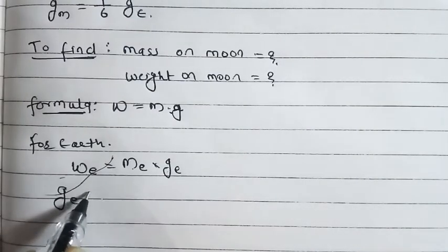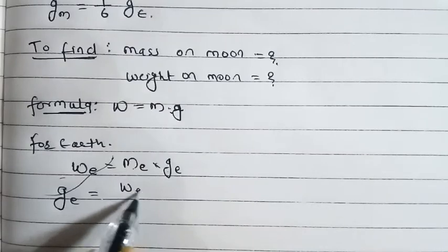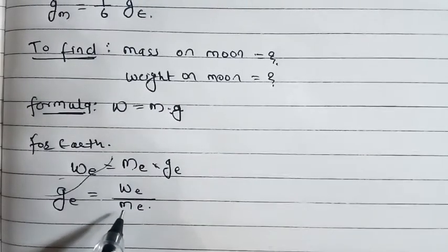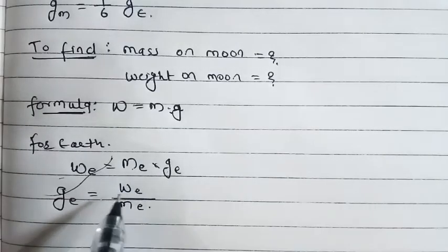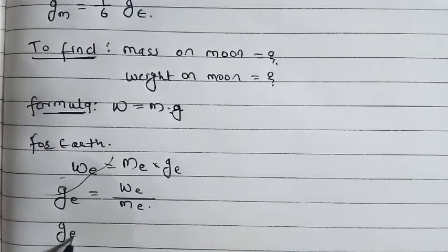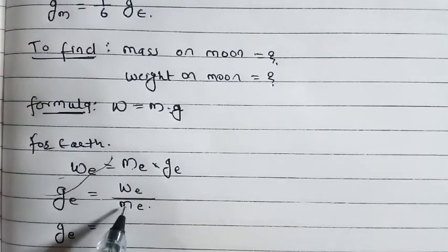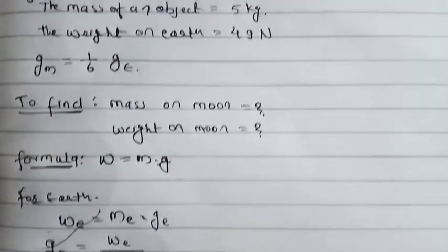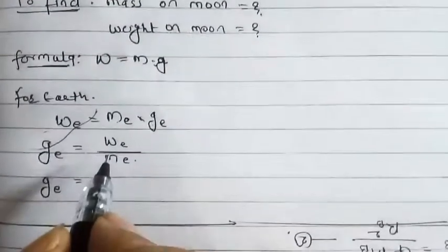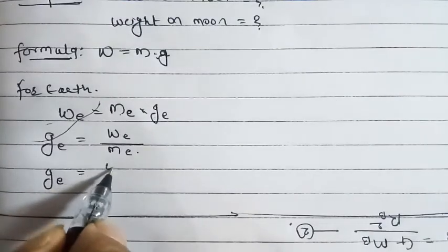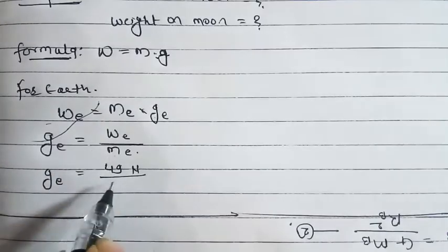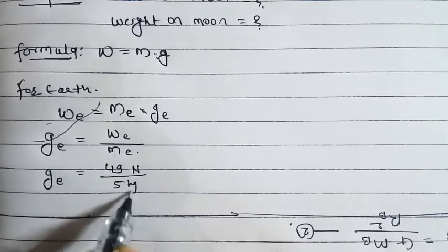Acceleration due to gravity on earth equals weight on earth divided by mass on earth. The weight on earth is 49 Newton, divided by the mass of the object, which is 5 kg.